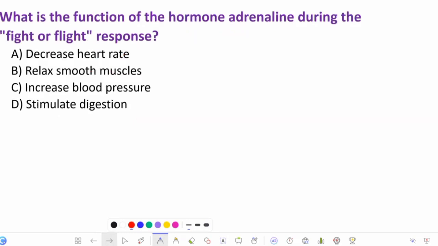What is the function of the hormone adrenaline during the fight or flight response? Fight or flight response is an emergency condition, when our body senses a situation where it feels an emergency, so our body produces adrenaline, which is responsible for the fight or flight response.